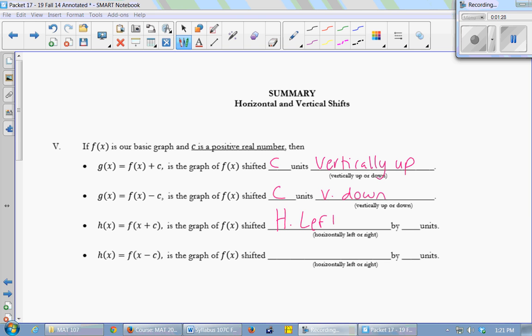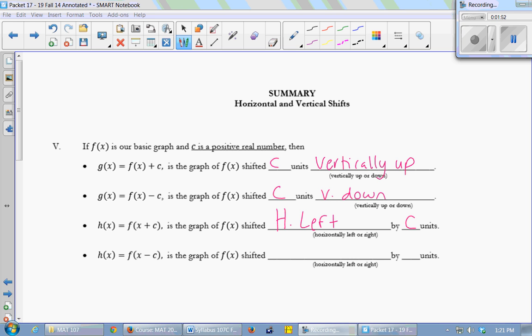That might have been surprising, right? You might have expected it to go right, but it goes left by c units. And much of the exercises are trying to convince you of why that works that way. That's why we drew all those horizontal lines, and to get the same y value, you actually have to use an x value that's further left.